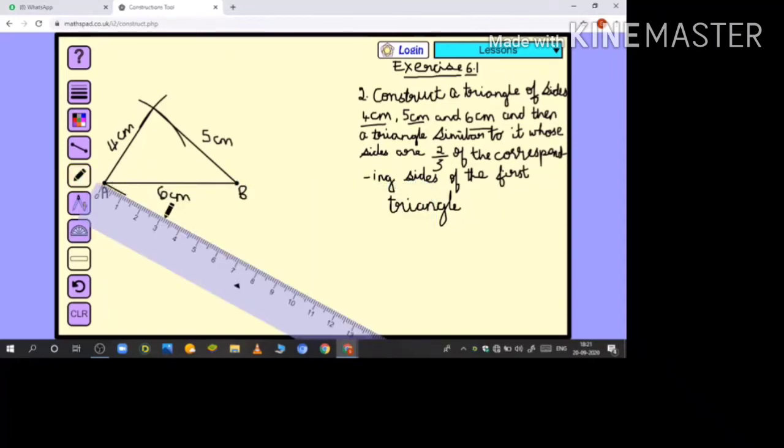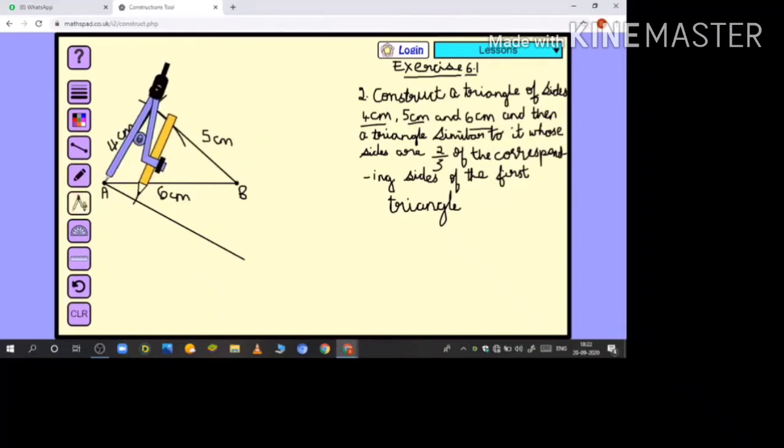Mark an acute angle CAX taking CA as an arm. Step 6. Mark 3 points A1, A2, A3 on AX such that AA1 is equal to A1A2 is equal to A2A3.